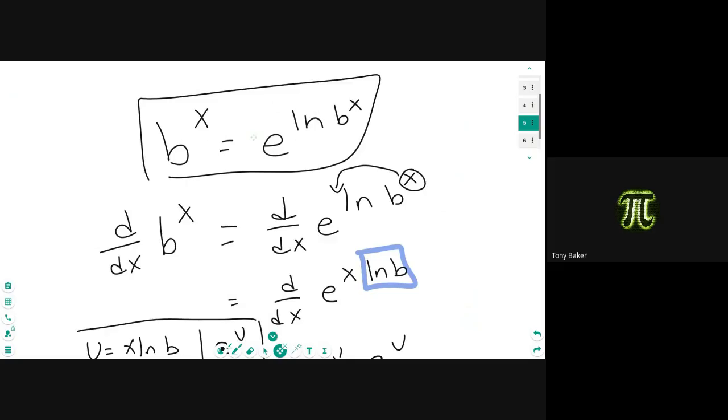So this right here is really saying b to the x equals b to the x. Because they are mathematically equal to each other, I can take the derivative of either side and it will give me the exact same thing.